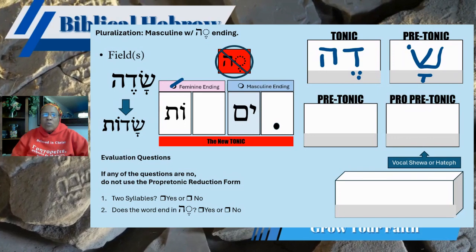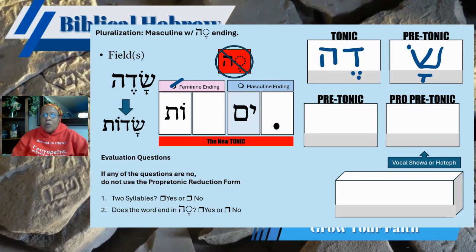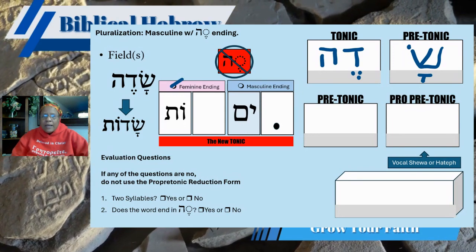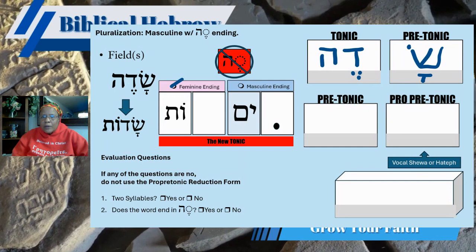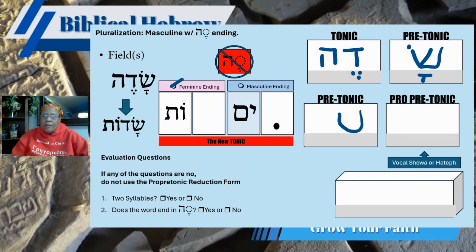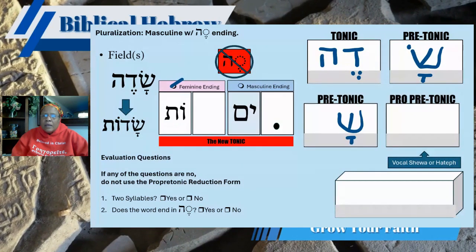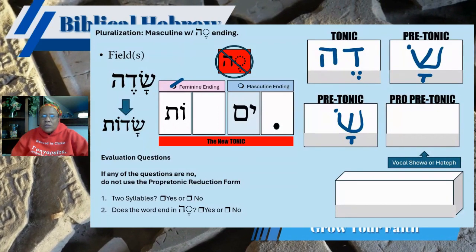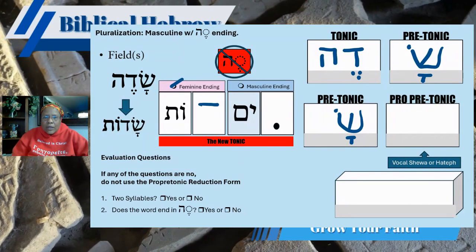Okay, so let's go ahead and write it out. We will not have a pro-pretonic, so I'm going to keep it in this realm here. The sa, not going to lose that. And then it tells us to move the dalet over here.